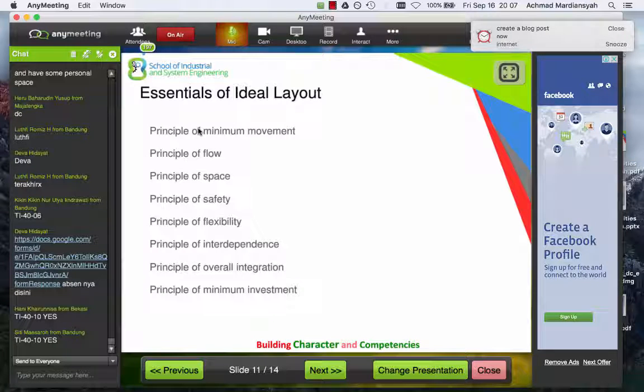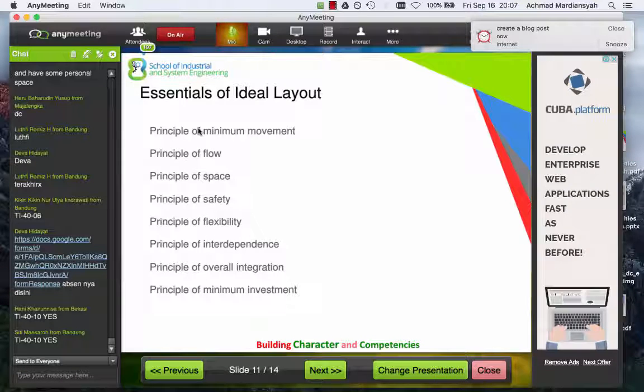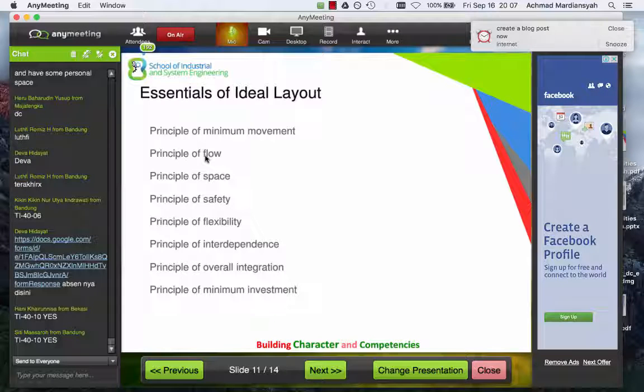Okay, so essentials for an ideal layout. At least some principles of an ideal layout: you must have minimum movement. We must have a principle of flow, so please make sure there is no bottleneck in your layout. Principle of space: we must have enough space, and it is possible to save space. If we need to go vertical, do it vertical, because for the sake of space, that's why we build apartments, not horizontal housing.